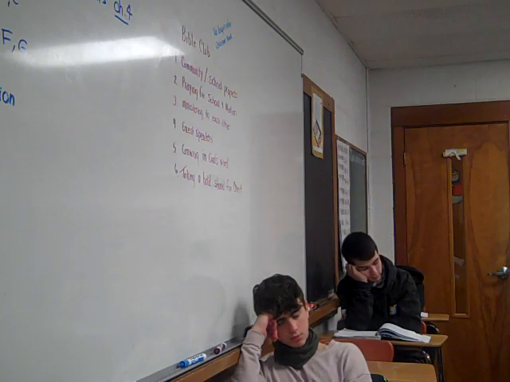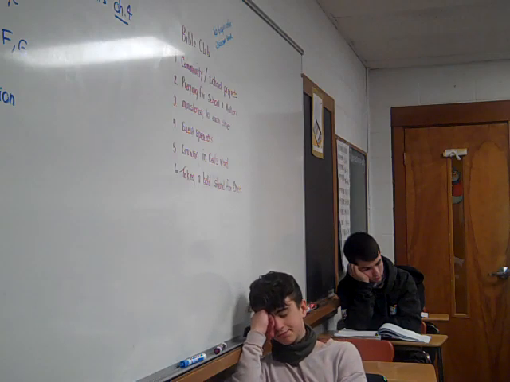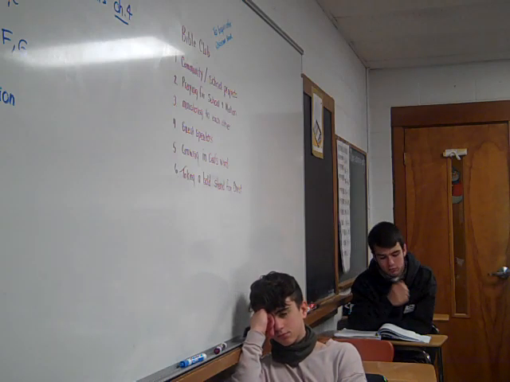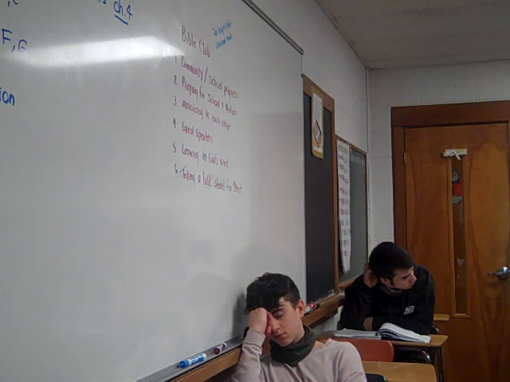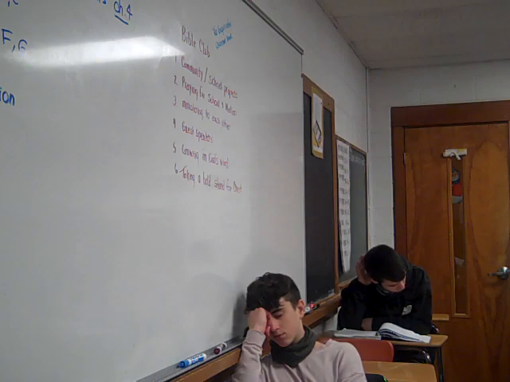He received the refund. Now look how we turn that around. The refund, subject, was gladly received by Mr. Williams. So Mr. Williams, he's the object of the preposition. And so we just switched the thing around there.